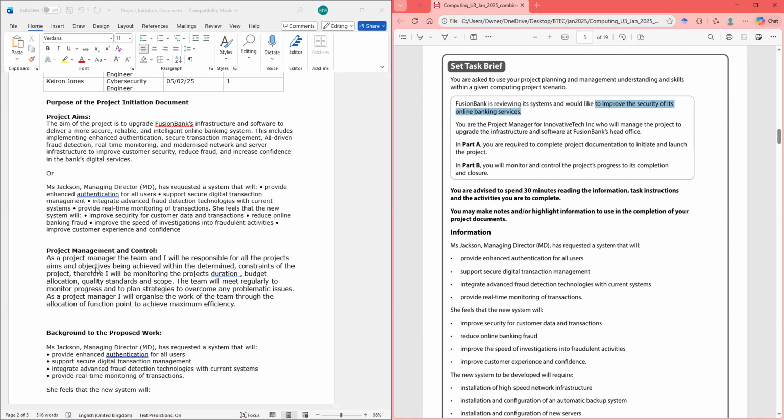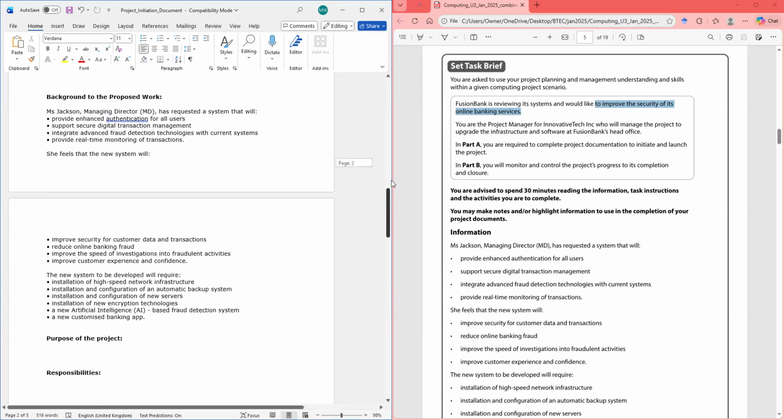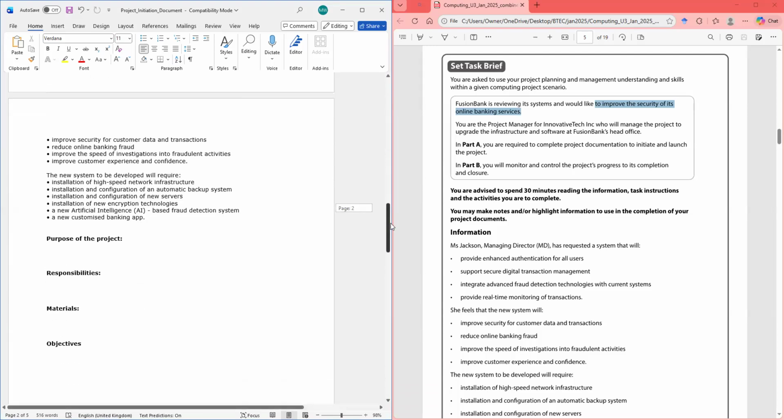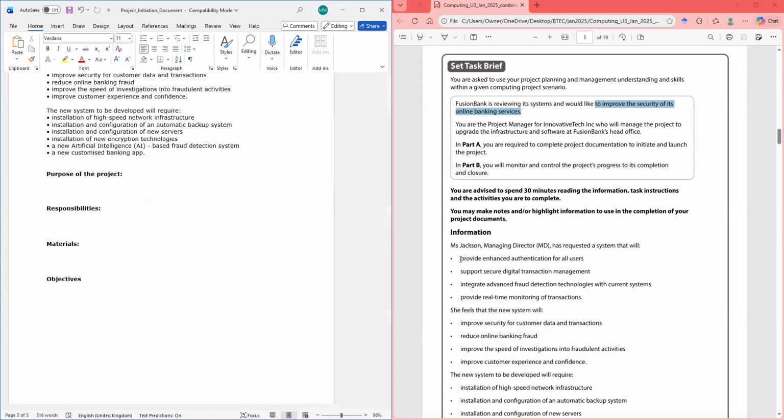All right. On this PID, the background to proposed work is already prepared for you. They will tell you in the exam. All right. Purpose of the project now. What's the purpose of the project? To provide enhanced authentication for all users. All of these are the purpose of the project. And also to improve security for the banking system.